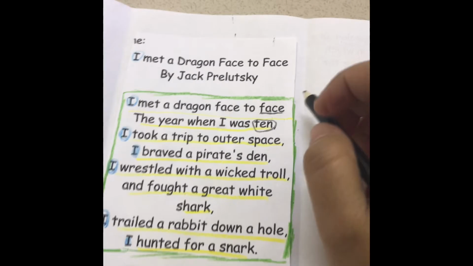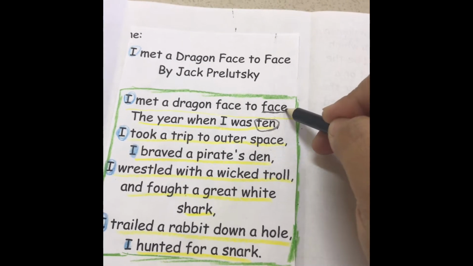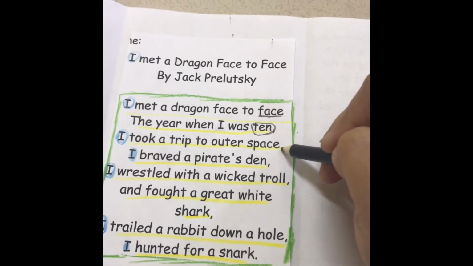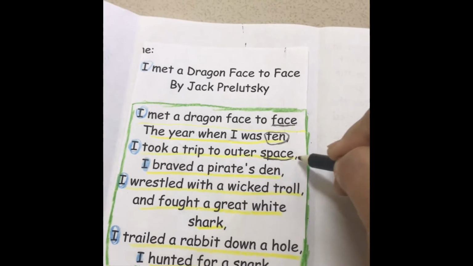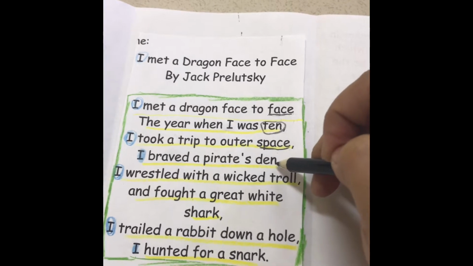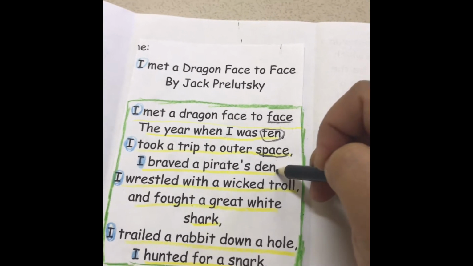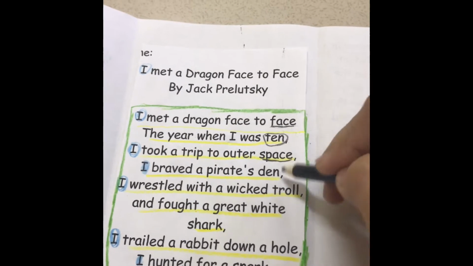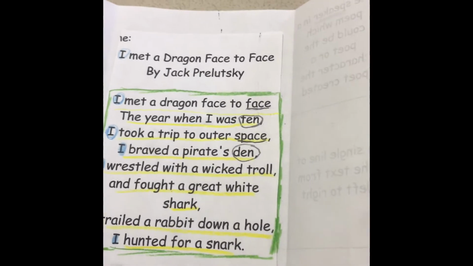Then I go to the next one. Space. Face, 10, space. Face and space rhyme, right? So since we underlined that one, I'm gonna underline that. And then we have den. Space and den doesn't rhyme. Does den rhyme with 10? Yes. So because we circled this one, we can circle that one.